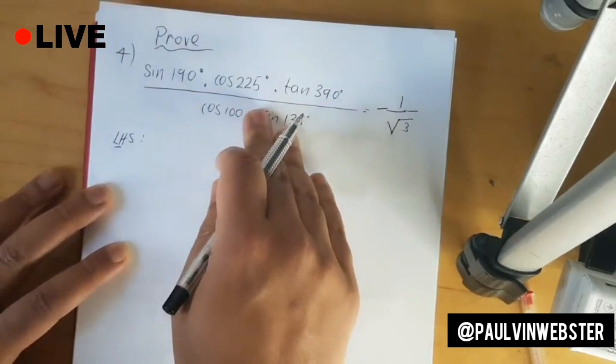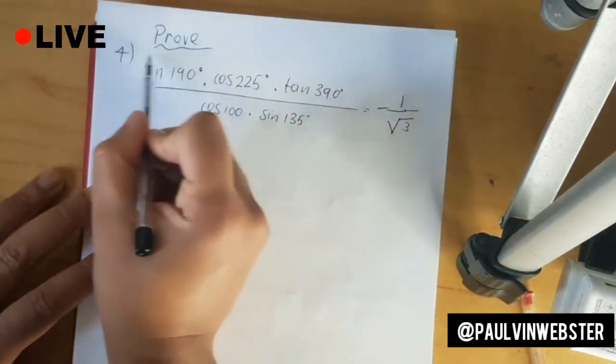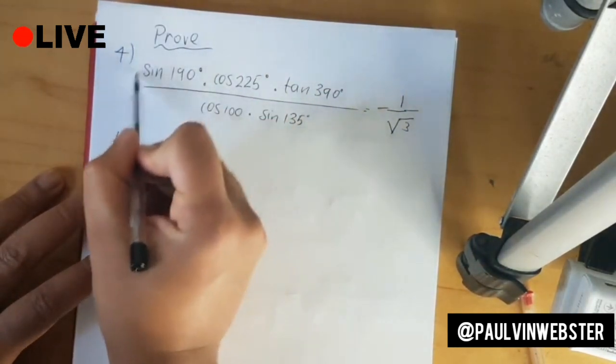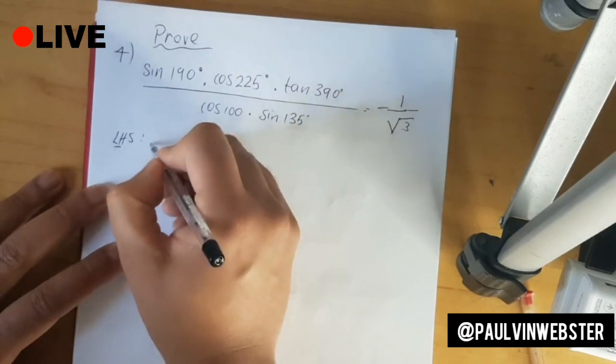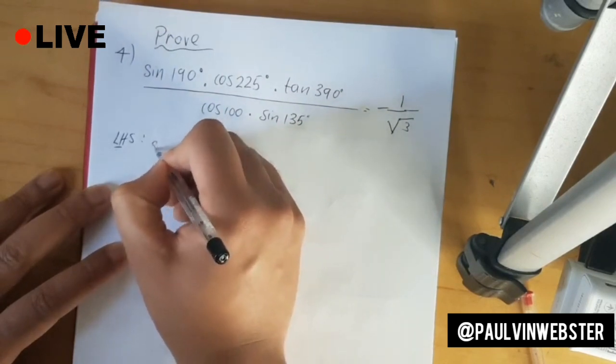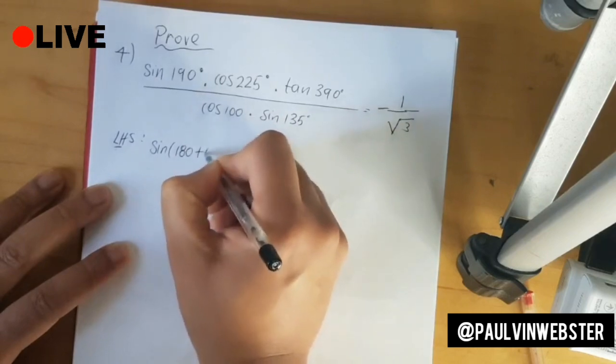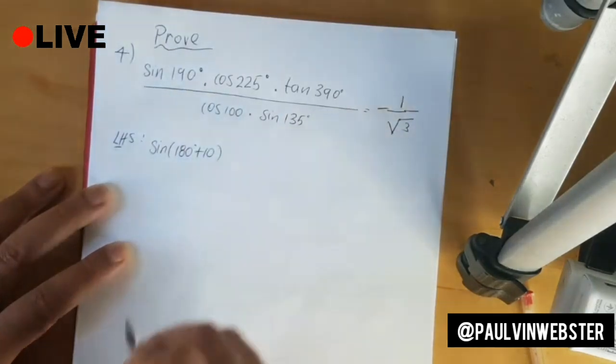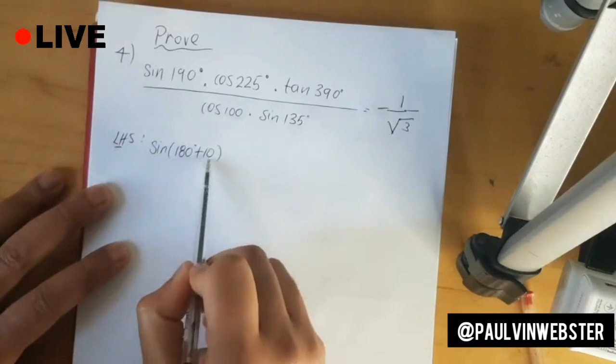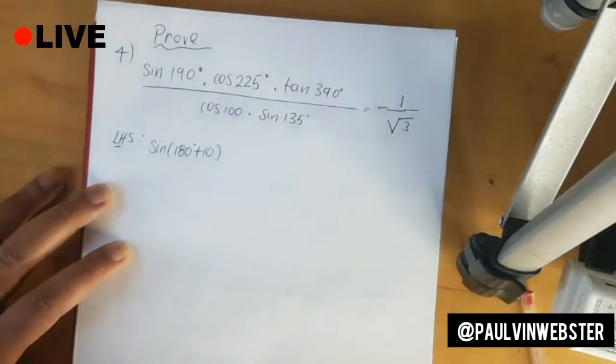I'm not going to write it down again, but this here we can also rewrite sine of 190 as sine of 180 plus 10. 180 plus 10 is equal to 190.